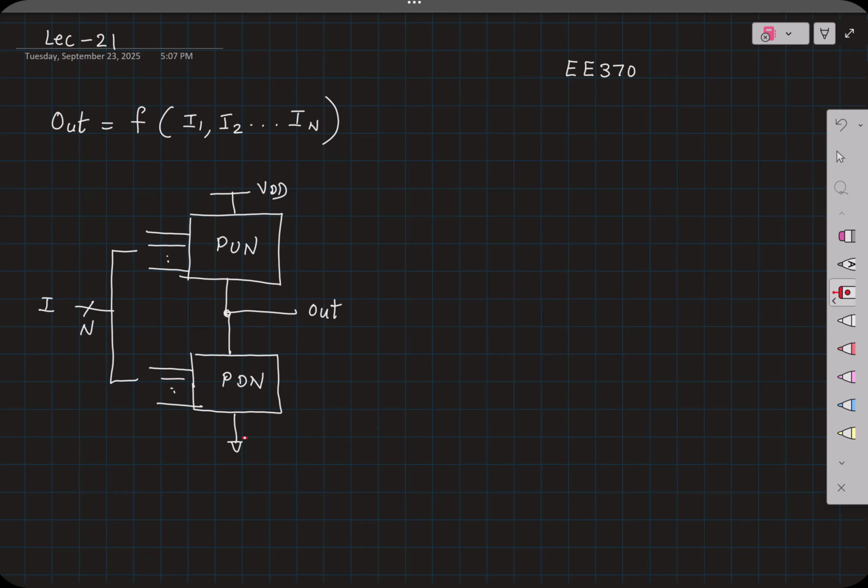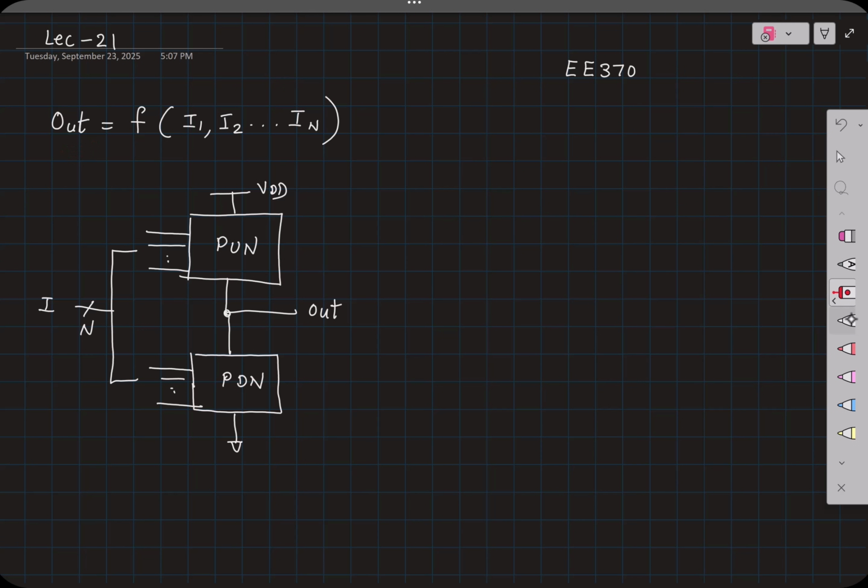Right? And depending on how we implement these, your out node under steady state conditions is either always connected to VDD or it is always connected to ground. Right? That is how we are going to get this out value to be either a logic 0 or a logic 1.